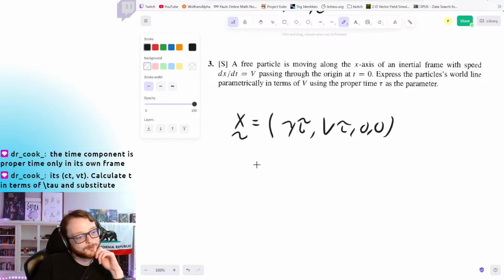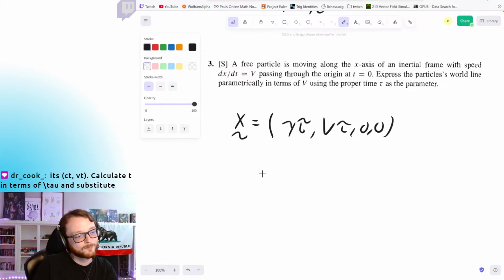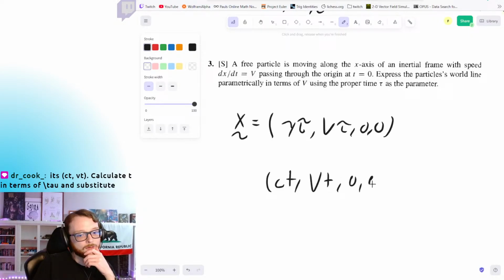Oh, Cook is saying to make it equal to CT, VT, and calculate t in terms of tau and substitute.